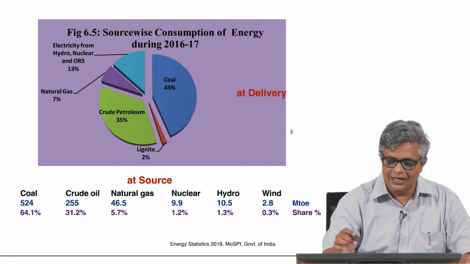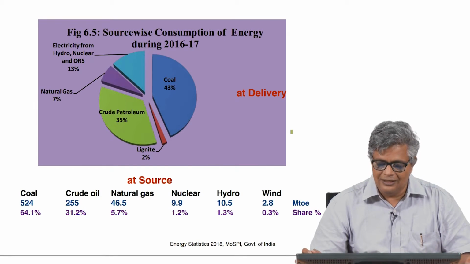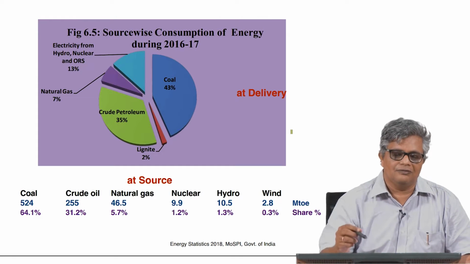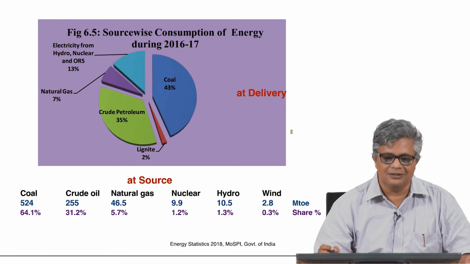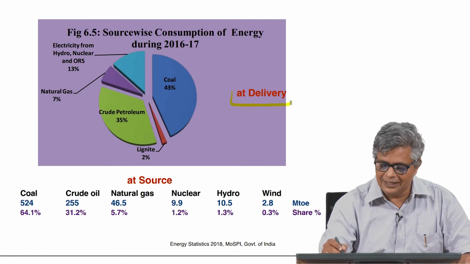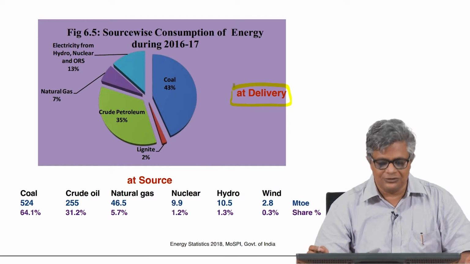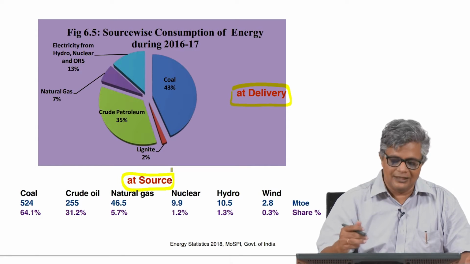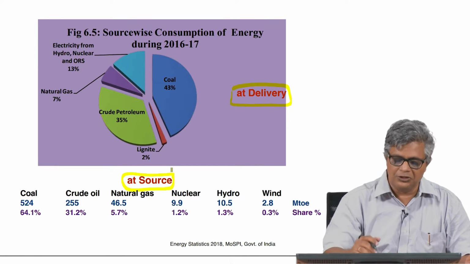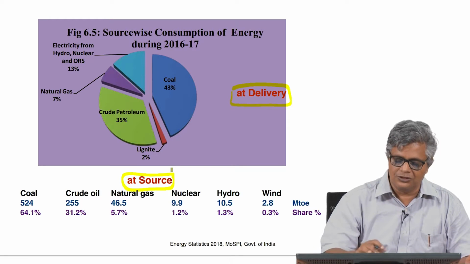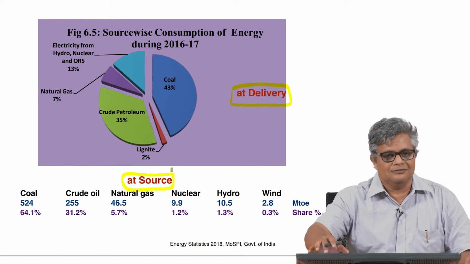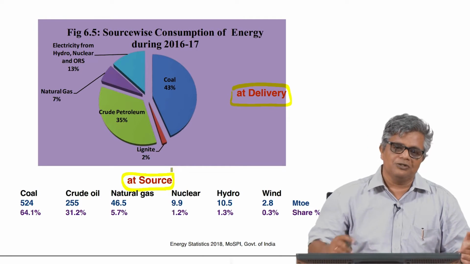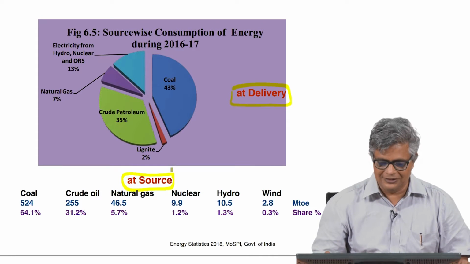And here, as of 2016-17, we have a distinction between the energy received at the delivery point, that is at the consumer site, and at the source point, which is where the fuel or the energy generation mechanism is put into place. It has consumed so much energy and given so much lesser energy at the delivery point because of transmission losses and generation losses and all that.